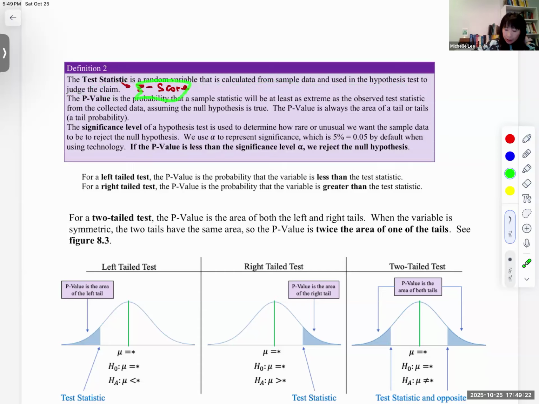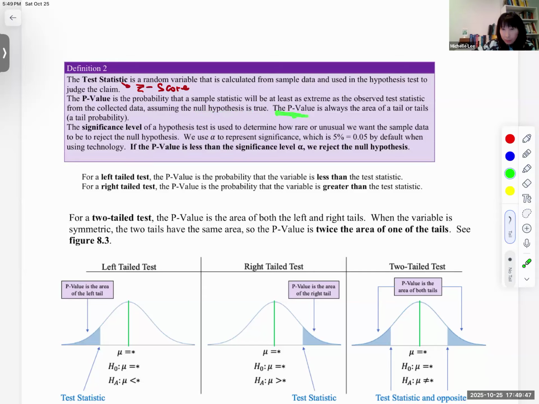We are using the z-score as a test statistic, and the p-value means the probability that the sample statistic will be at least as extreme as the observed test statistic from collected data, assuming the null hypothesis is true.